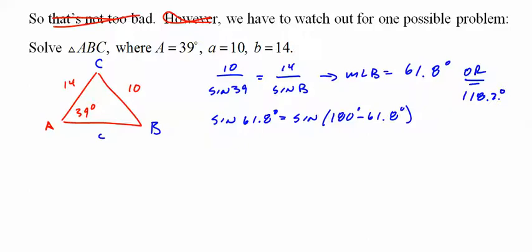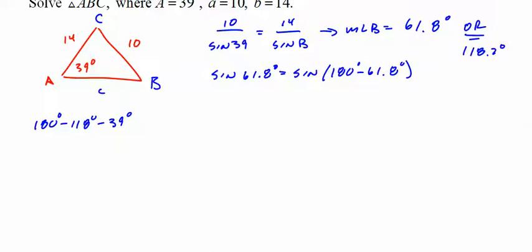Is that too big to fit in? Let's check. 180 minus 118.2 degrees minus 39 degrees is 23 degrees. Pardon me, it fits. You have two solutions. So we've got to divide our lives in half. People hate this. Too bad.